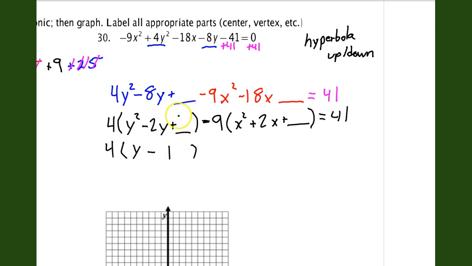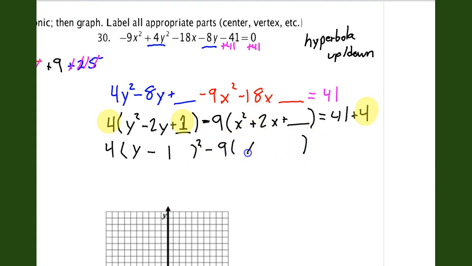So I'm going to add 1 into here. Actually, I'm not adding 1 to the left-hand side, even though I put a 1 here. Because there's this 4 on the outside, I'm going to add 4, not just 1, because I'm really adding 4 times whatever this is. And that's going to be squared. Same thing here.